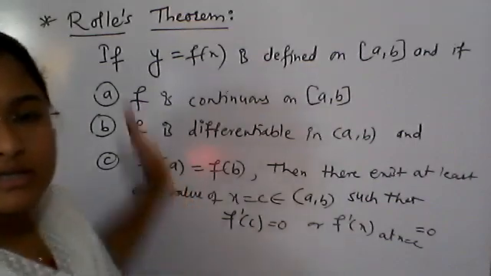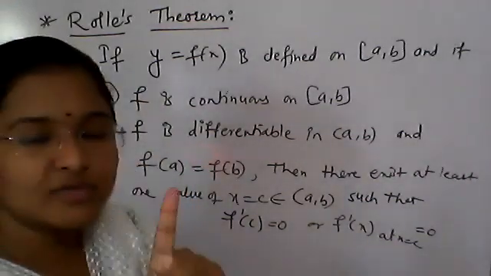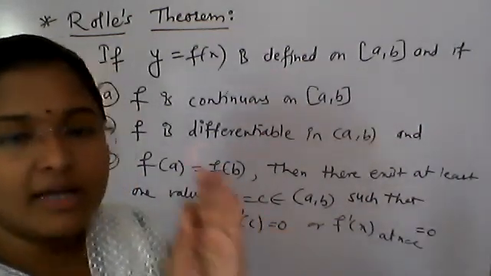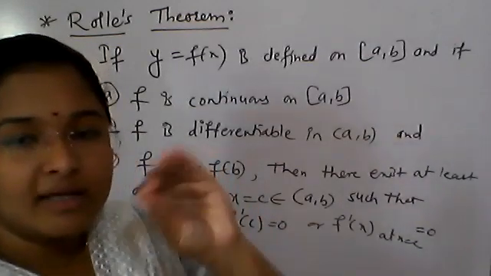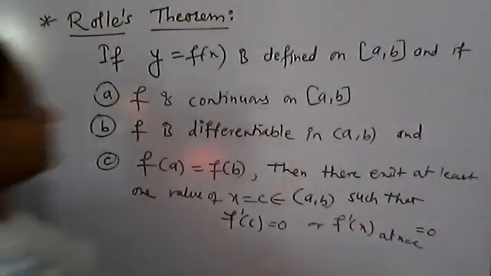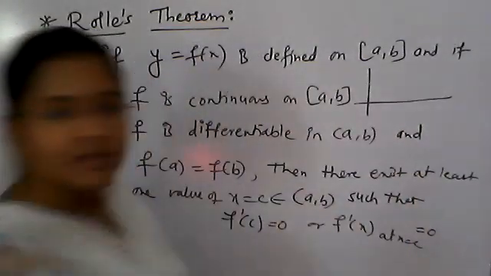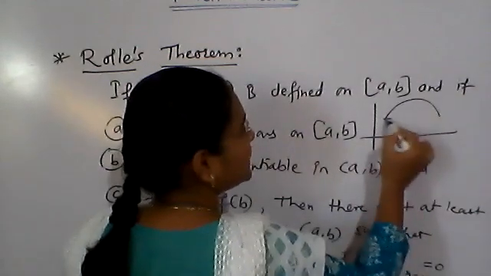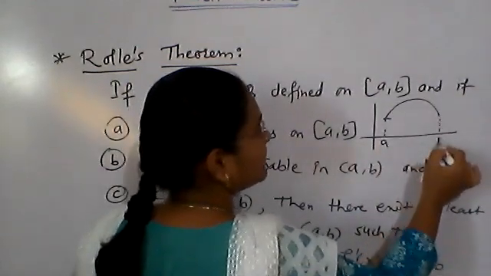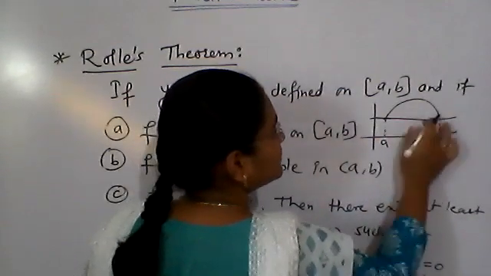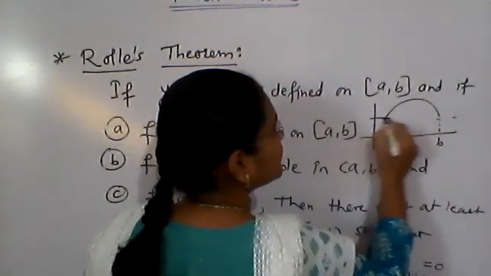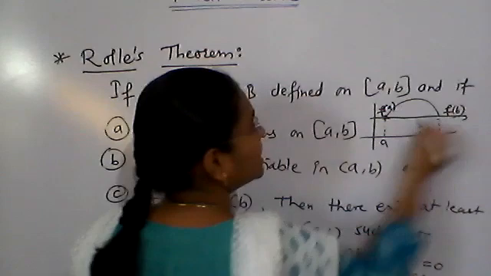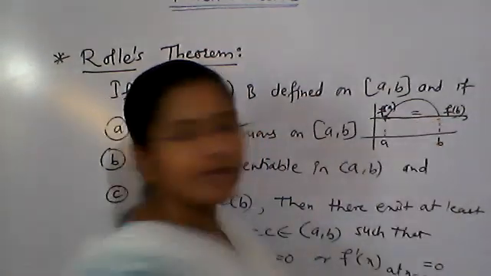Yes, ma'am. So here we have to take a continuous function, meaning f should be continuous on the closed interval. If we draw the graph, there was a graphical representation for Rolle's theorem and the mean value theorem. Suppose the function has a graph like this. Here we take point a and here point b. Suppose here it is a straight line. So this will be f of a and this will be f of b, and f of a equals f of b.